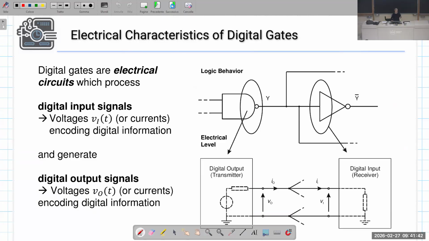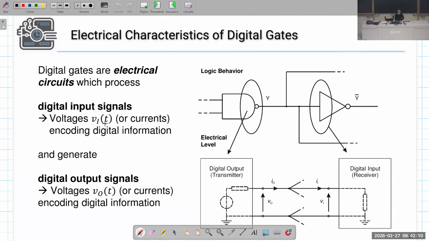We should not forget that in digital electronics, either combinational or sequential functions are implemented by electric circuits. Electric circuits which perform this processing operating with electrical signals.